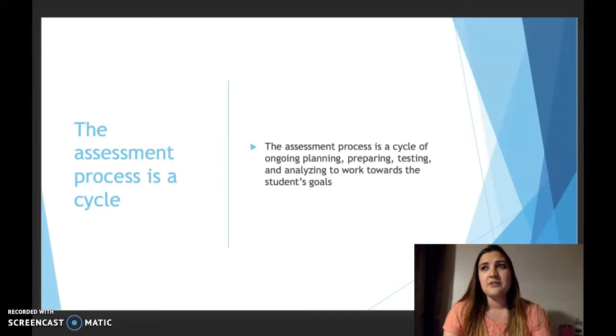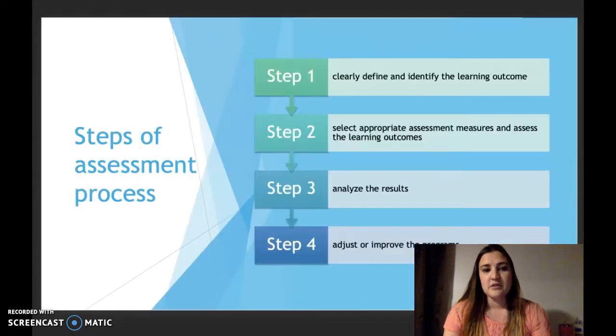The assessment cycle is a process. It's a process that is always going. It makes a circle. It's made up of different parts. The first step is that you have to define and identify where the learning outcomes are.